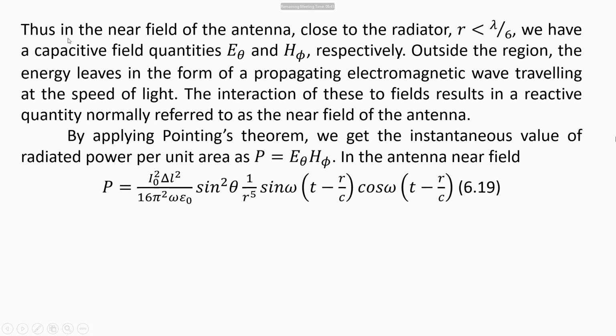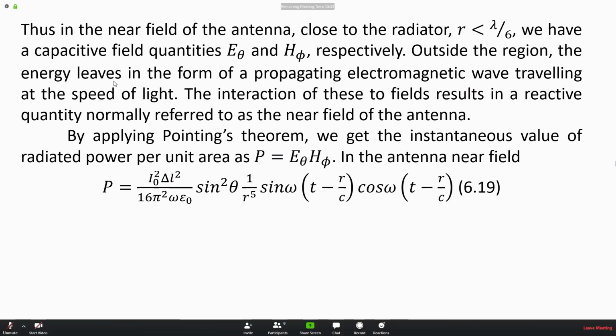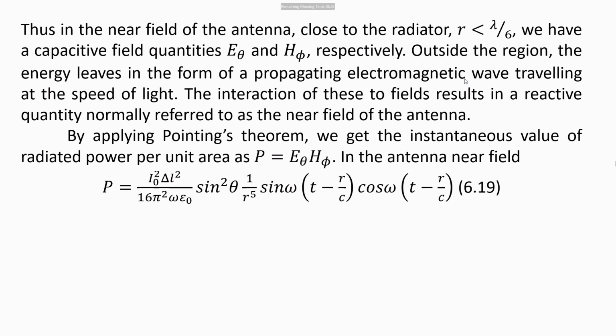We have capacitive field quantities for the electric and magnetic fields respectively. Outside the region, the energy leaves in the form of a propagating electromagnetic wave traveling at the speed of light in a vacuum. The interaction of these fields results in a reactive quantity normally referred to as the near field of the antenna.